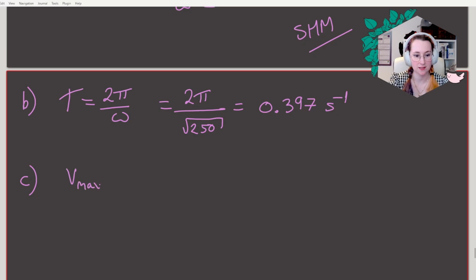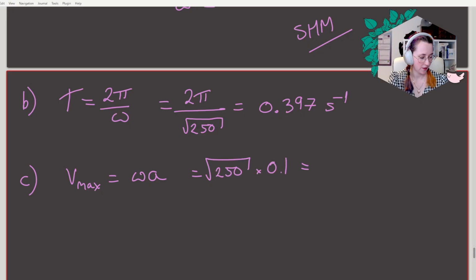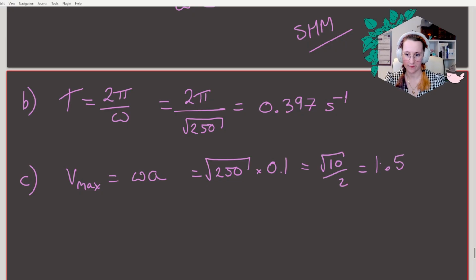So Vmax is omega A, so that's square root 250 times 0.1, which is root 10 over 2. More you know. 1.58 ms to the minus 1.